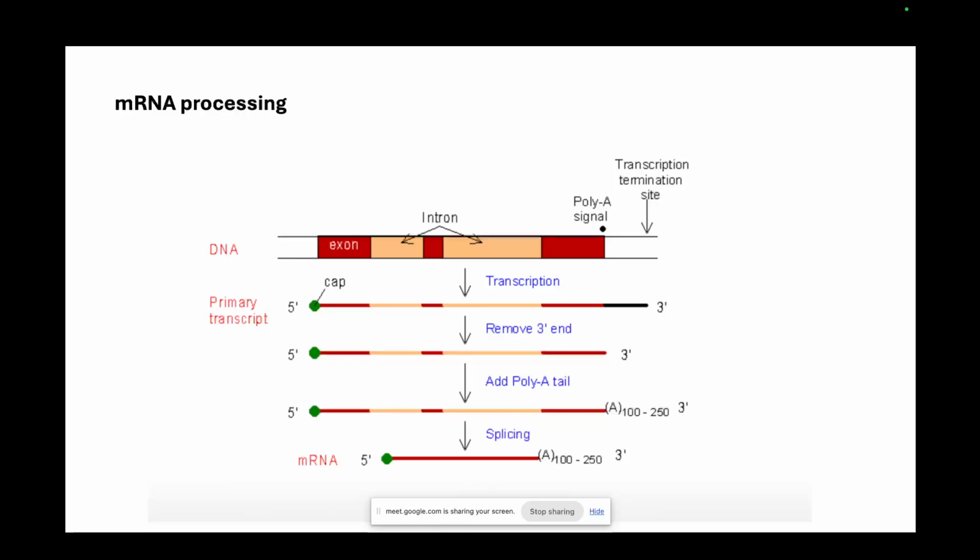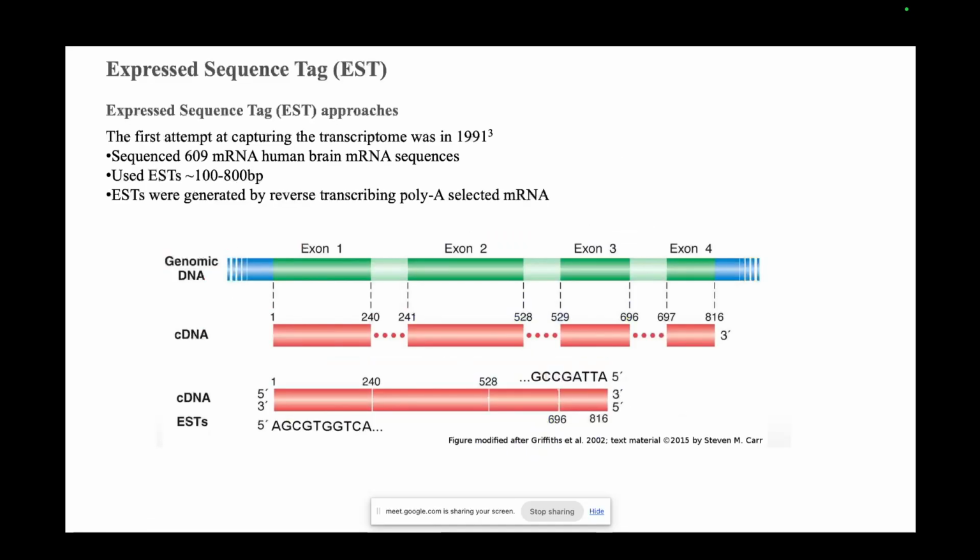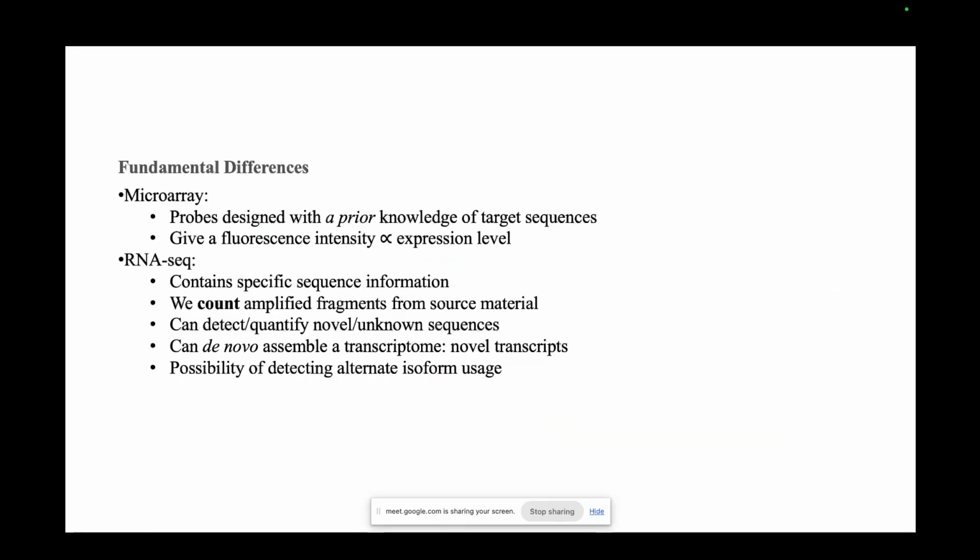So you'll have multiple isoforms of the same gene, that you cannot detect with microarray unless you have the prior sequence known. And for that you need to know the whole sequence, because two isoforms will have very similar sequences, right? So that can be easily done using RNA sequencing as well.